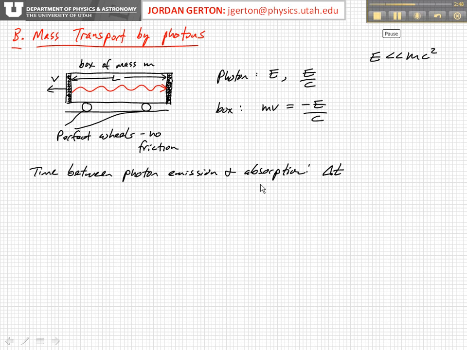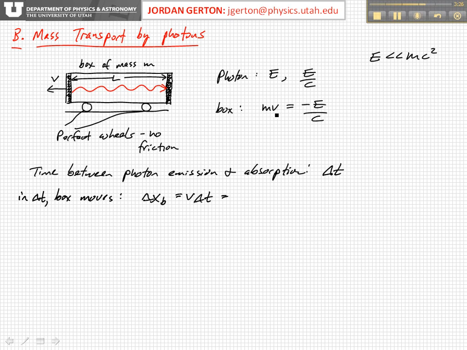Now, if we designate the time between the photon being emitted on the left side and being absorbed on the right side, it takes some time for the light to travel. It's not a long time. If we call that delta t, then in delta t the box moves a distance delta x sub b, which is equal to v delta t, and we can just get v from here.